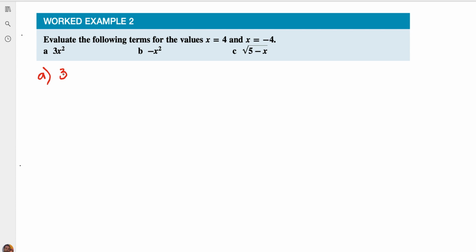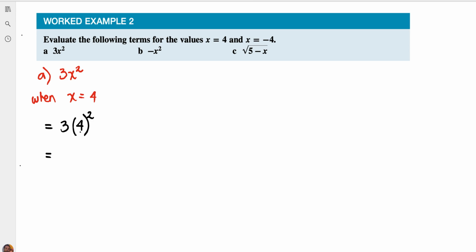So 3x squared. I want you to do it like this in your book. Notice what I'm going to be doing. So when x is equal to 4, and I'm doing it with red, then you change to black, and then you're going to say, okay, so this is going to be equal to 3 times 4 in brackets to the power of 2, because I'm substituting that x is equal to 4, so that's when it gets inside the brackets.